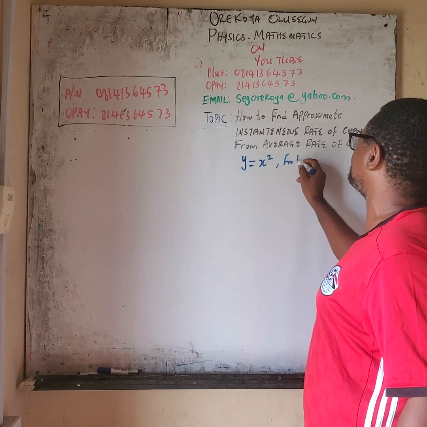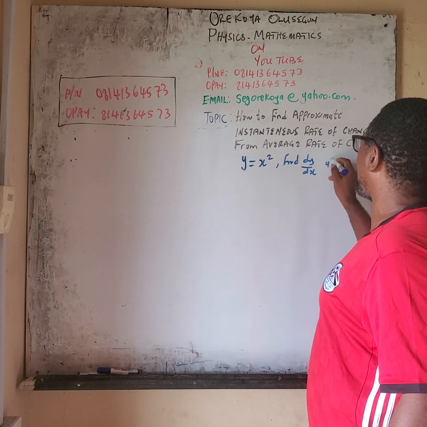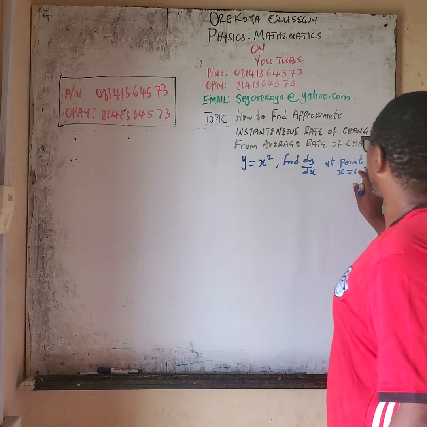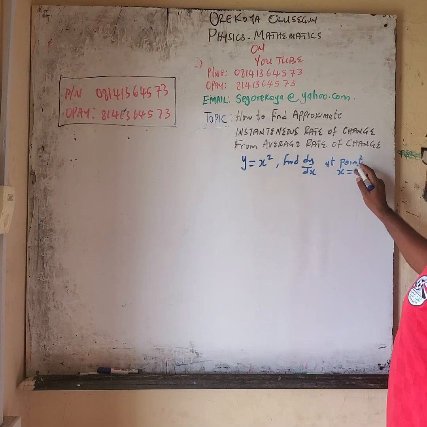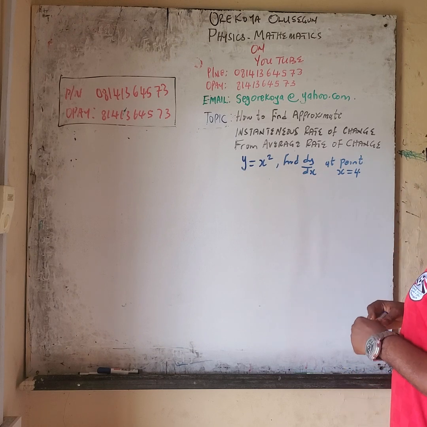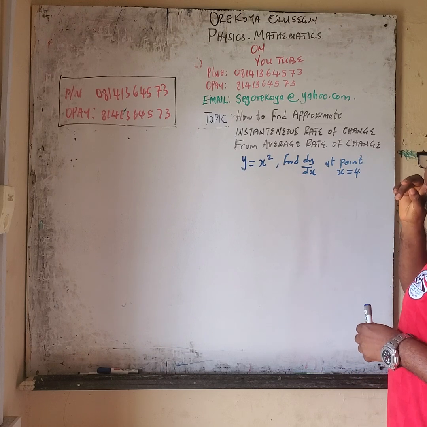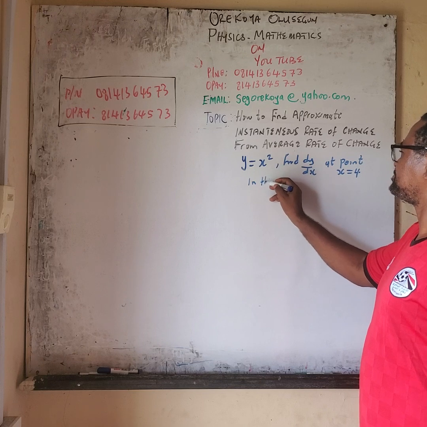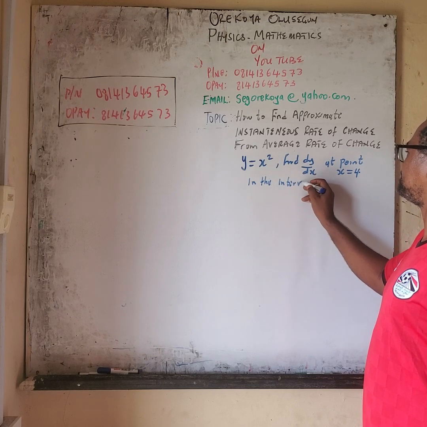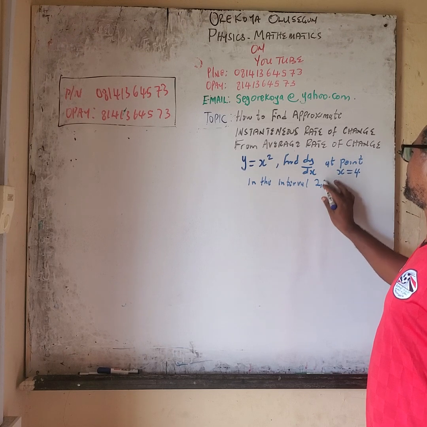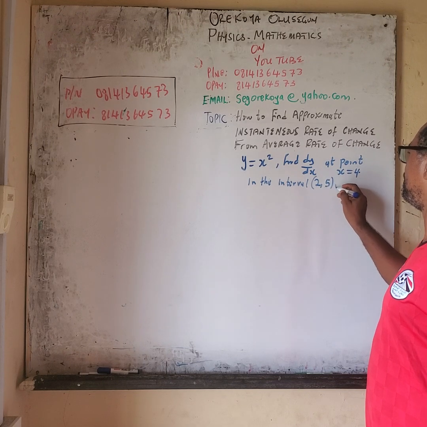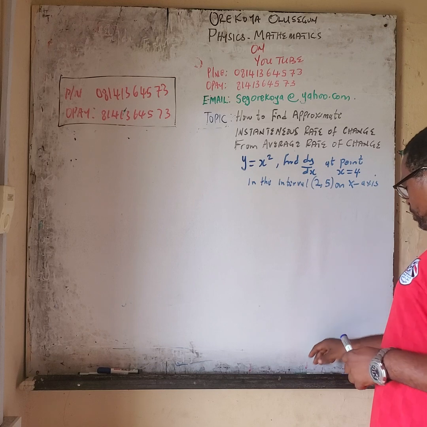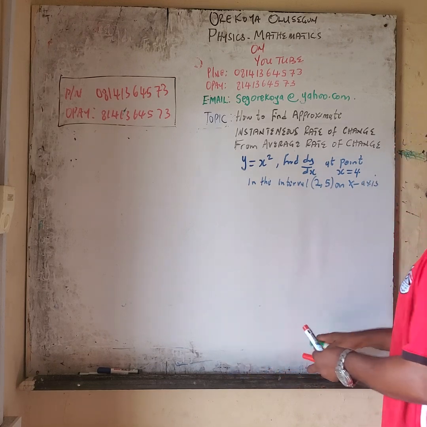The question says find dy/dx at the point x is equal to 4, in the interval 2 to 5 on the x axis.